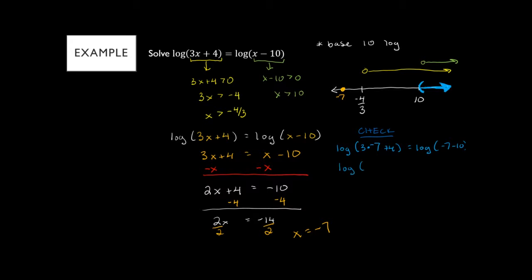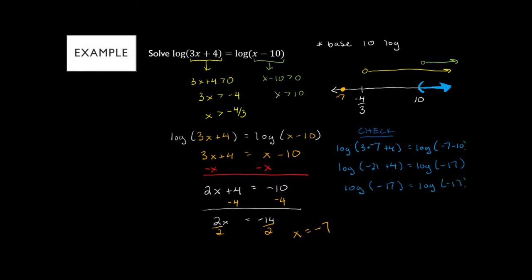When I simplify, 3 times negative 7 is negative 21, plus 4. On the right side, negative 7 minus 10 is negative 17. And then we've got the log of negative 17 equals the log of negative 17.